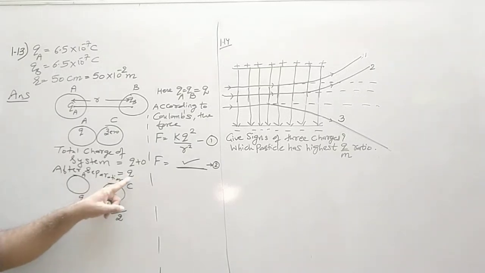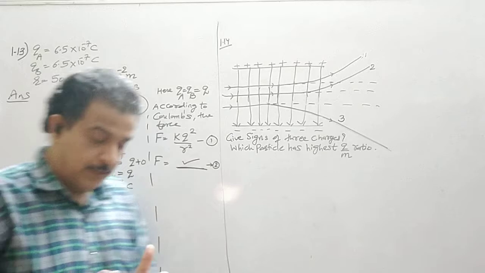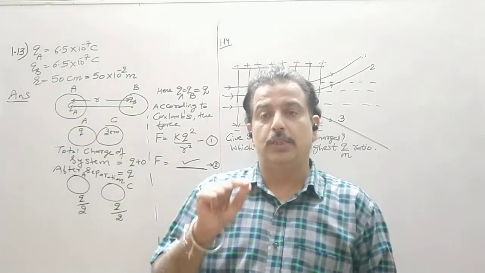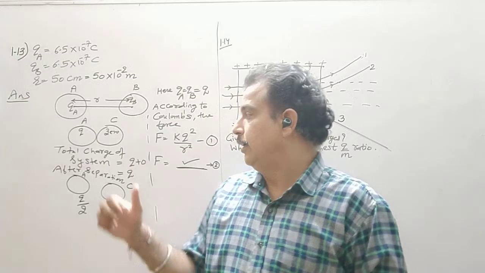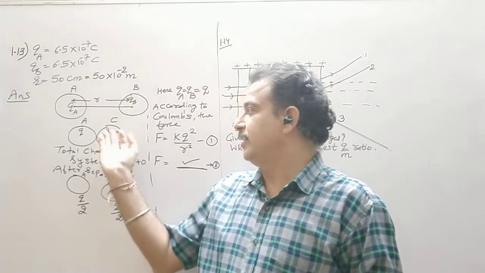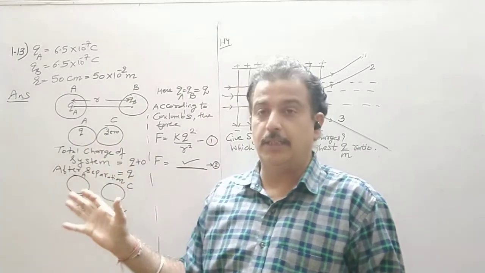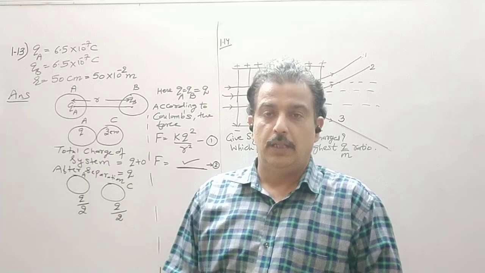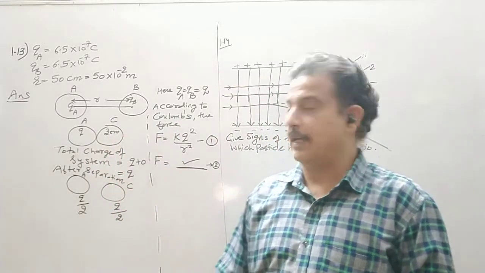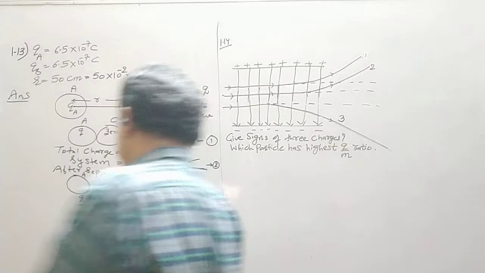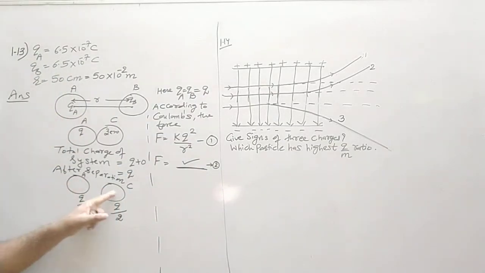So we have divided the charge equally among them, and as we have studied, both the spheres should be identical. Here one was uncharged. If it is charged, then you do the total summation and divide it by 2. If they have a different radius or different dimension, then we will see in chapter 2 how the charge will be distributed. Now A has Q by 2, C has Q by 2.